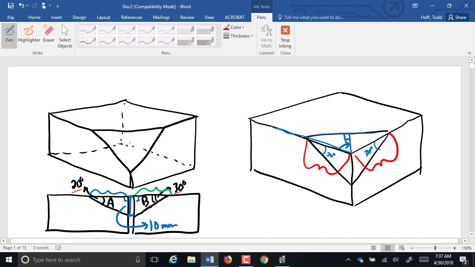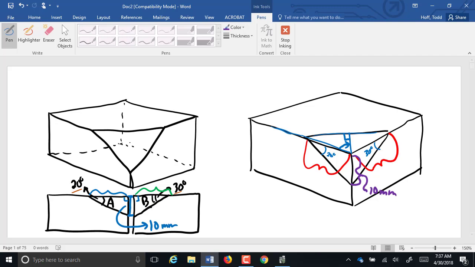And of course, this is the one right here. This dimension is the one that we put the 10 millimeters on, just as a working dimension, right? So again, just like before, that 10 millimeters is a totally made up dimension, but the angles don't depend on any lengths, they just depend on the other angles.